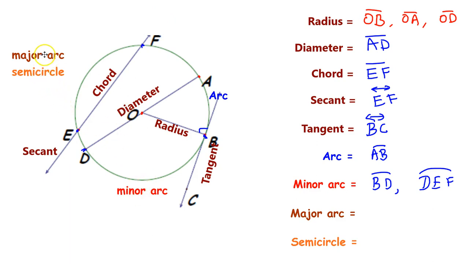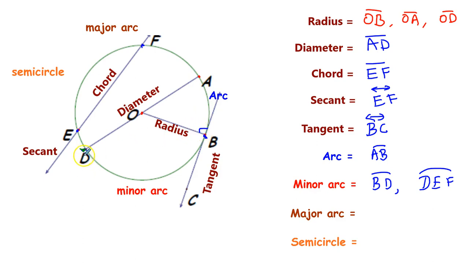Now the major arc is the one which is more than half of the circle. We know that AD is the diameter, so this whole thing is half of the circle. Now anything above that is a major arc. Now what is this point here? That is B, right? Starting from point D, if I go all the way up to A, that is half, and a little more than that.